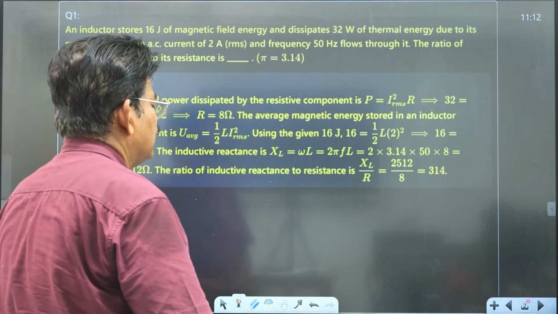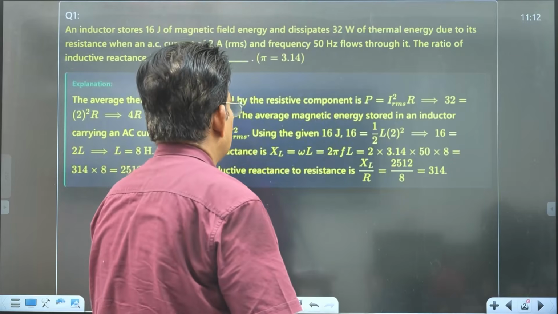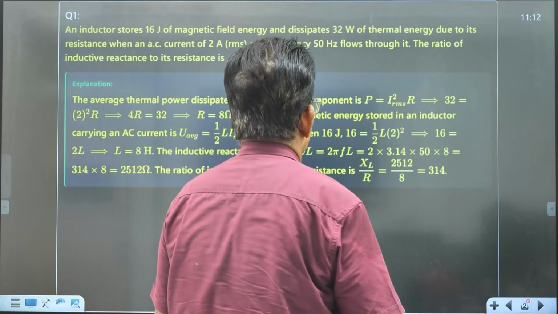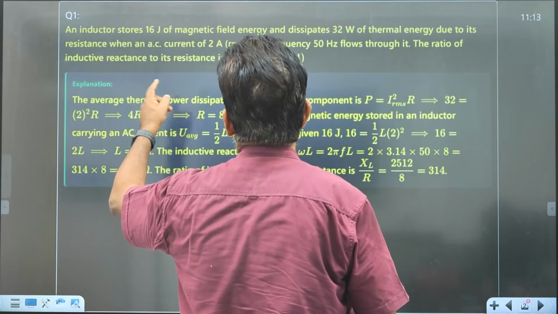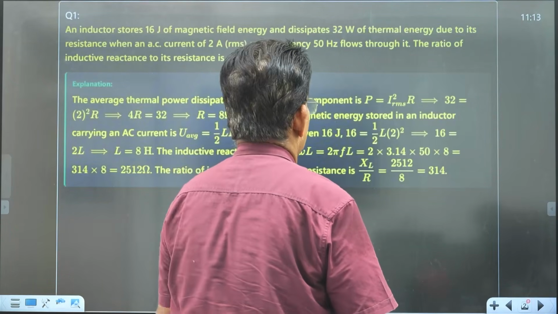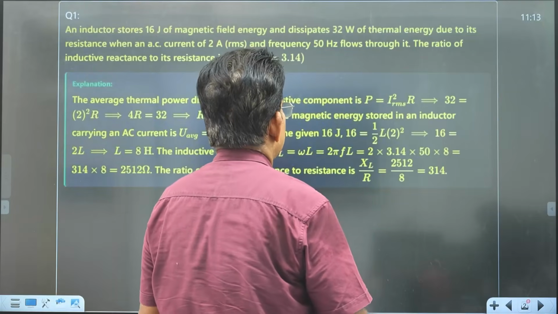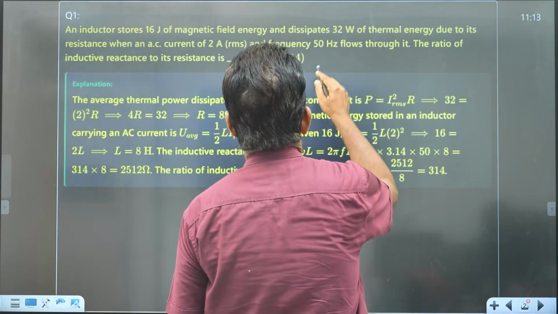Heat, thermal energy, is radiated only in the resistor. Thermal power dissipated is given. In the inductor, energy is given, while in the resistor they use the words thermal energy, but we are calculating the power, 32 watts.